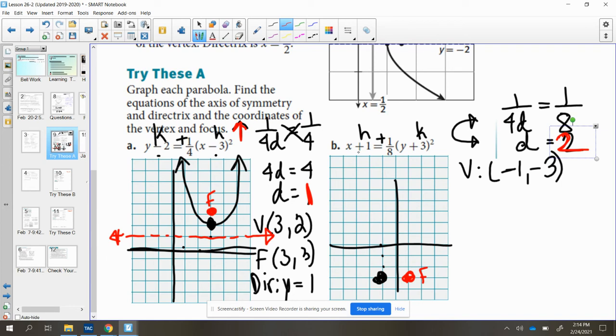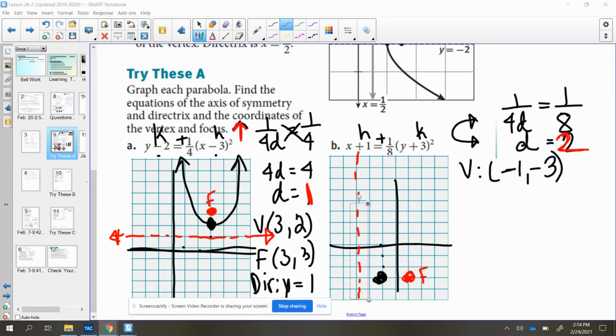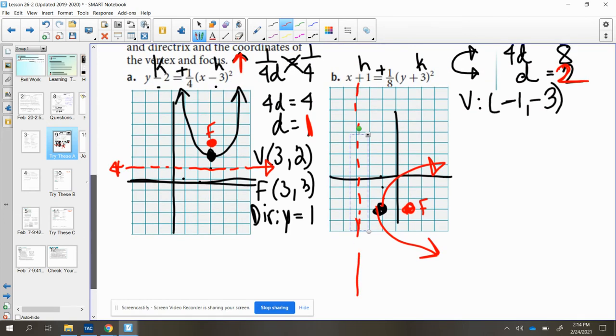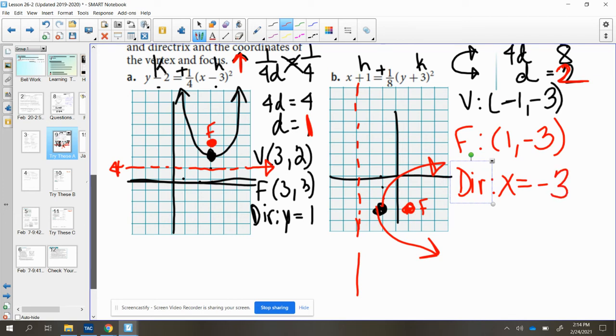And then our directrix this time will have to be a vertical line away from the vertex, opposite the side the parabola opens to. Just sketch this in. So the focus was at 1, -3. Directrix would be an x equals value since it's a vertical line, and it's through x equals -3.